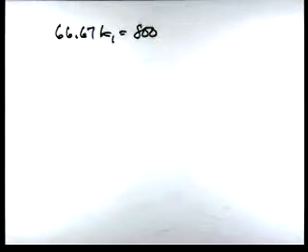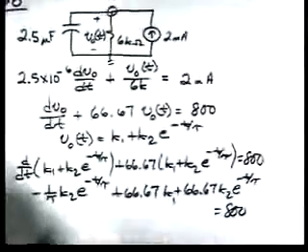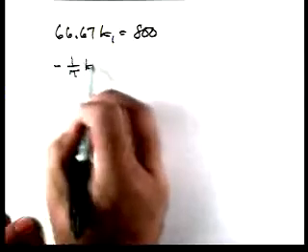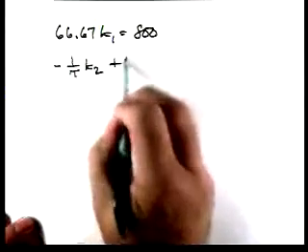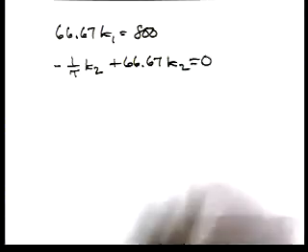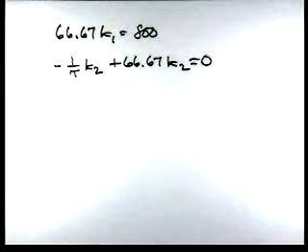And the other thing that we can conclude, the terms here that are multiplied by e to the minus t over tau, we have minus 1 over tau K2 plus 66.67 K2 has to equal 0. So these terms cancel out.